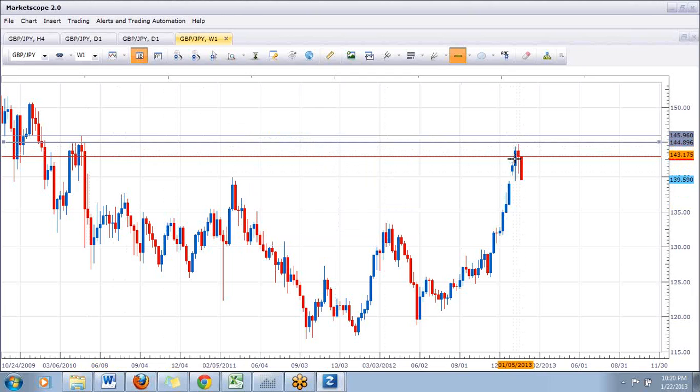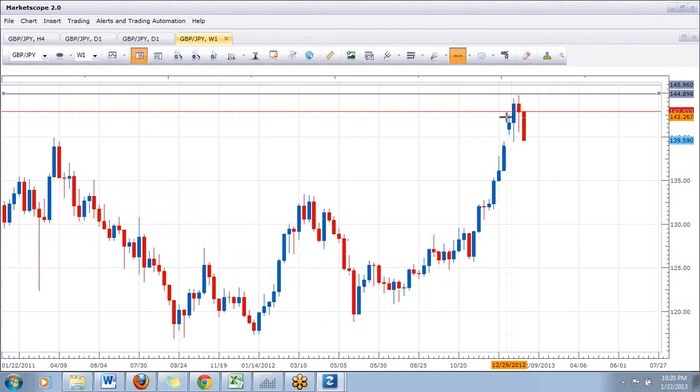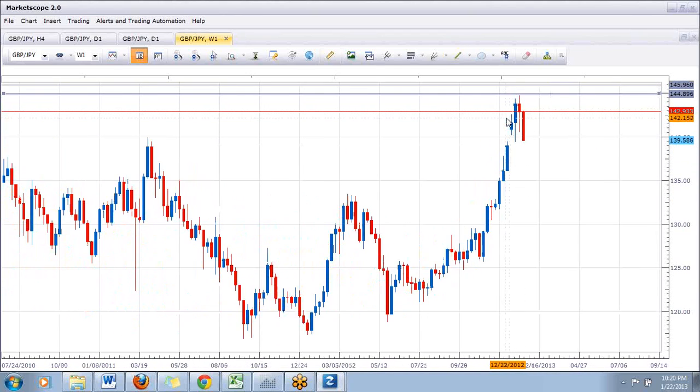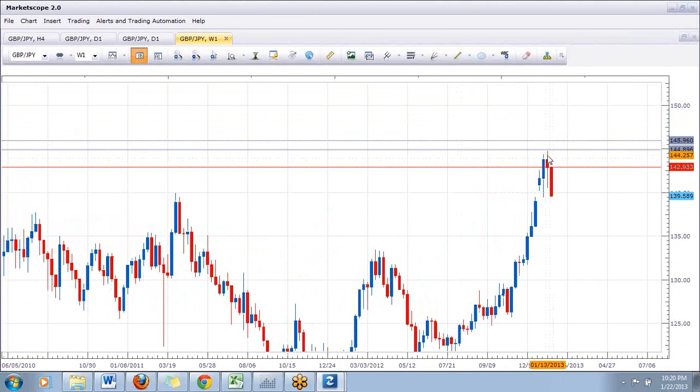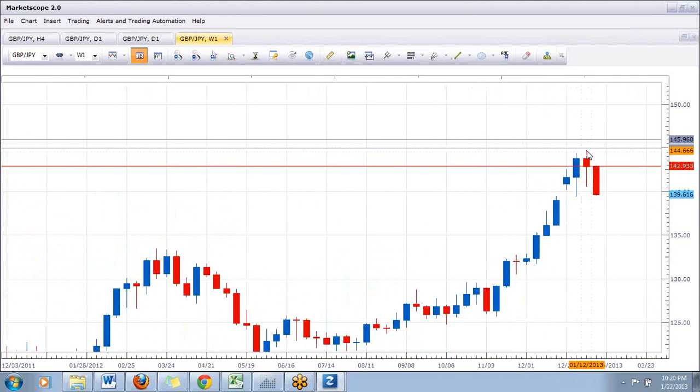It didn't want to. If it was really meant to be that strong based on the bulls pushing further, the price, technically speaking, really should have closed around 145 or even close to 146. So it should have been another bullish bar, but it didn't want to. So they tested the 145 area, 144.